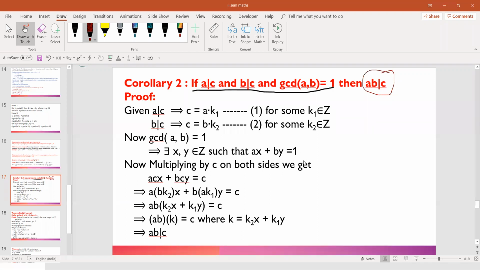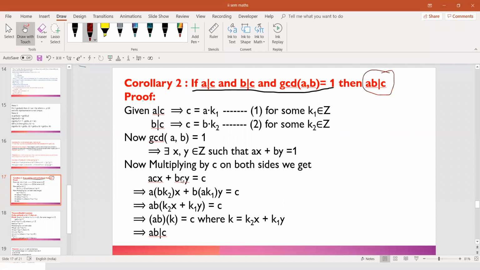Multiply this equation by C. We have to get this result now. So multiply this by C. What happens? Right hand side C. Left hand side, to both terms you have to multiply C. First term C multiplied here, C is here.